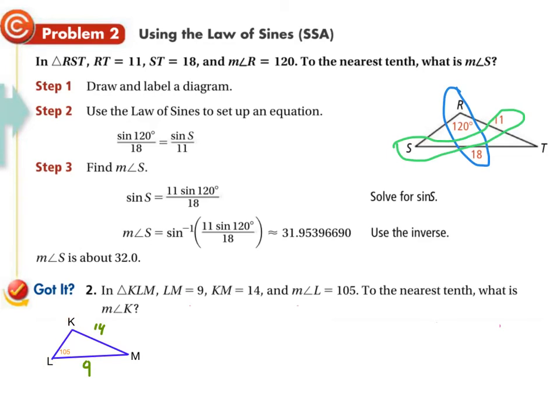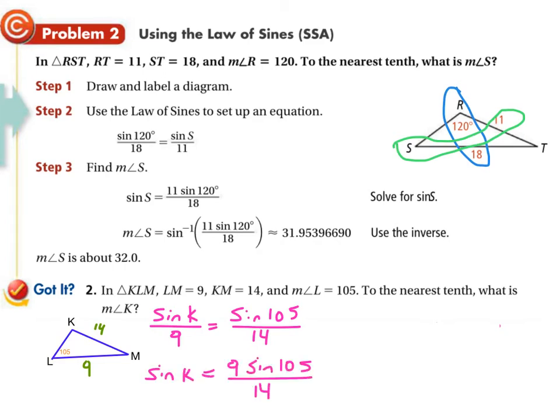So how do I set that up? Well, you say the sine of K divided by 9 equals the sine of 105 divided by 14. That's how they pair up. And then multiplying both sides by 9 to get it off of the left-hand side and isolating sine of K, we get sine of K is 9 times sine of 105 divided by 14.